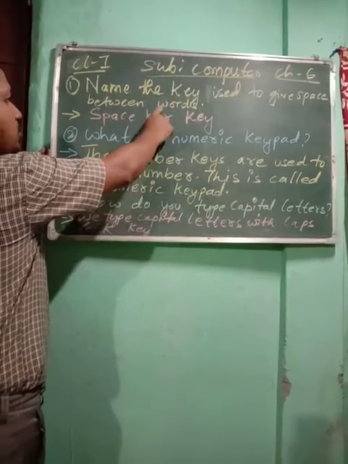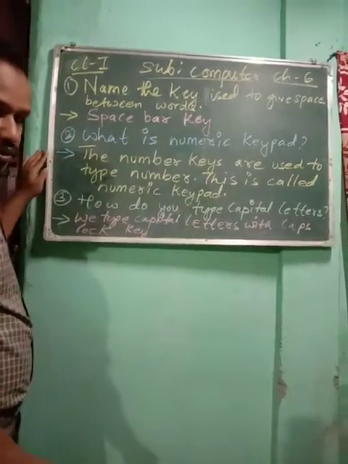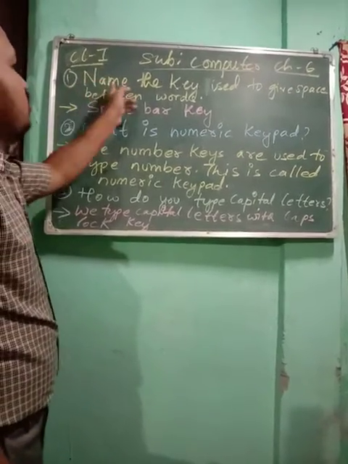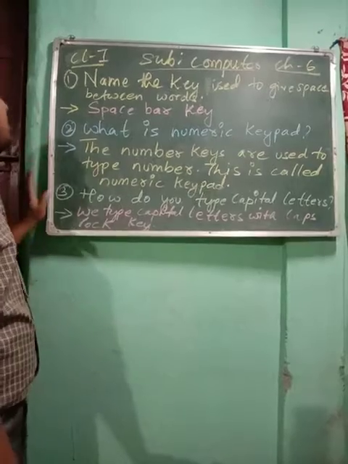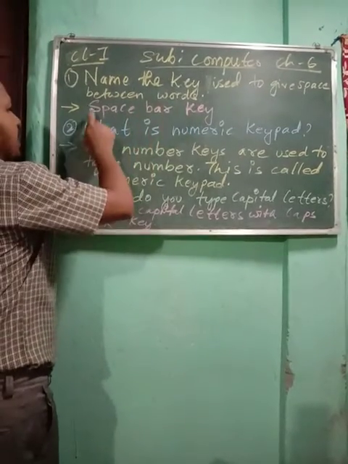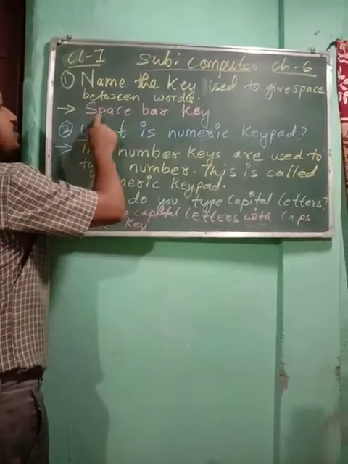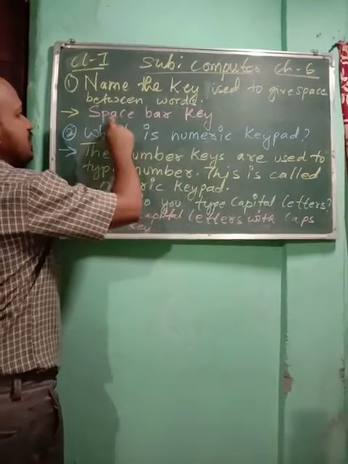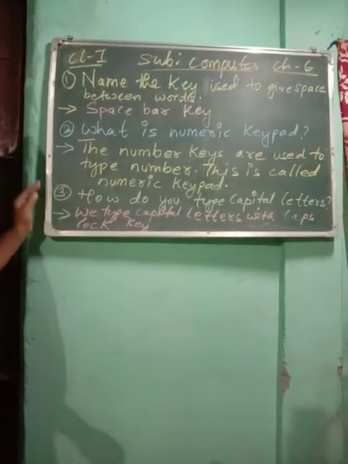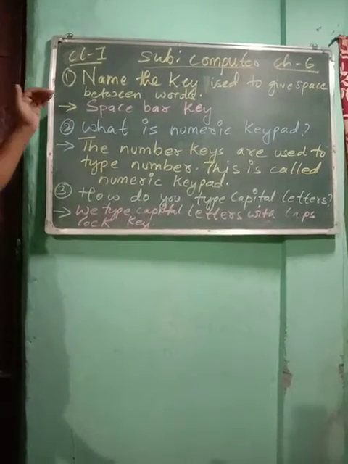I'm reading out the spelling for you: name, the, key, used, to, give, space, between, words. So the question is: name the key used to give space between words. The answer is space bar key. Space, bar, key. Okay, children, so this was the number 1 question and answer.